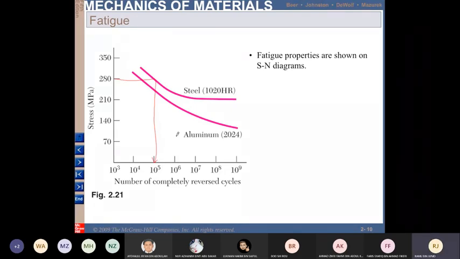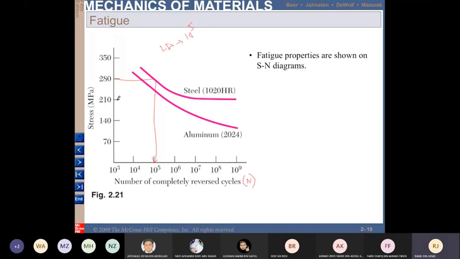I'm not sure if you understand the meaning of number of cycle, but I hope you understand. Number of cycle means N. N means how many times it can be used. That is number of cycle. So 280 MPa at 10 to the power of 5.